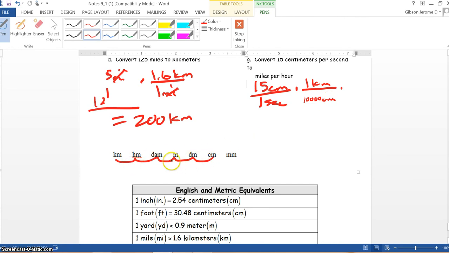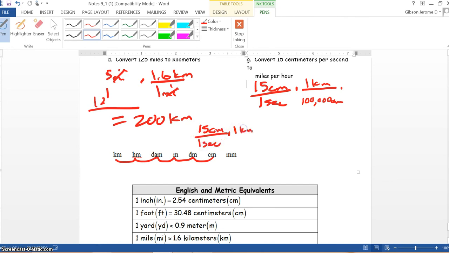No, actually it would take 100,000 centimeters, not 10,000. It would be 100,000 centimeters to equal 1 kilometer. Okay, now we want to change kilometers to miles. Now, from what I see here, it looks as though I'm not going to have enough room. So let me rewrite this here. I believe this should give me enough room.